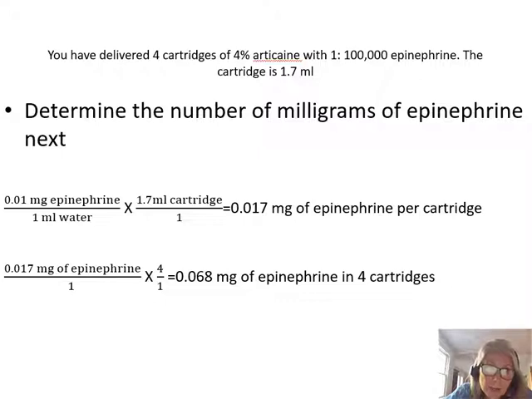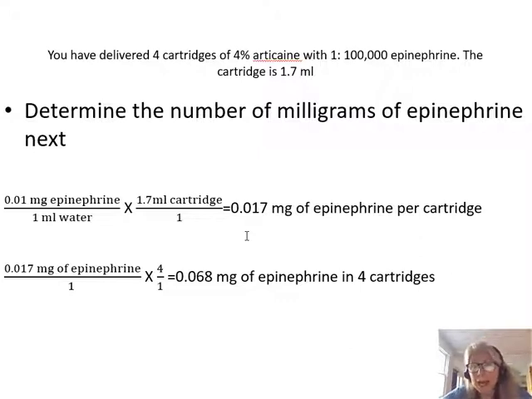But just like with the articaine, our cartridge is 1.7 milliliters. So that means in this cartridge that we delivered 0.017 milligrams of epinephrine.